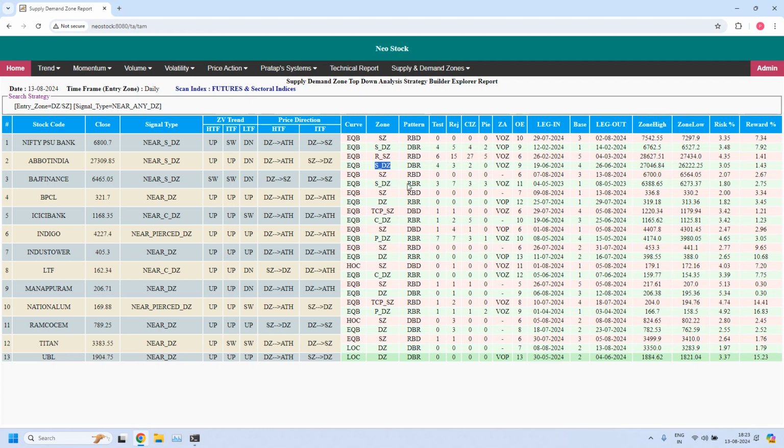Next one is Bajaj Finance, not valid. It is already pierced, so it is not a valid high liquidity zone. And the next one is ICICI Bank. I already explained this ICICI Bank, and I'm going to explain it in today's analysis video.